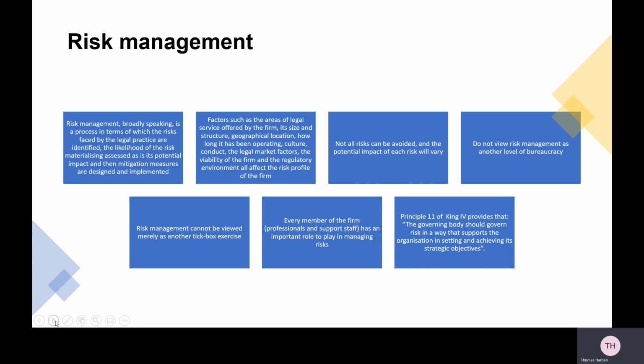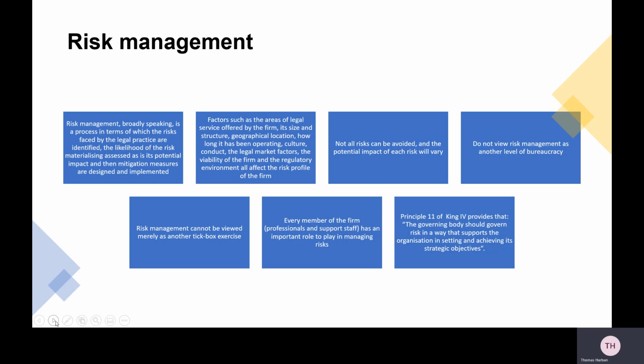And don't just view this as another tick box exercise and go through the motions in carrying out your risk management exercise.